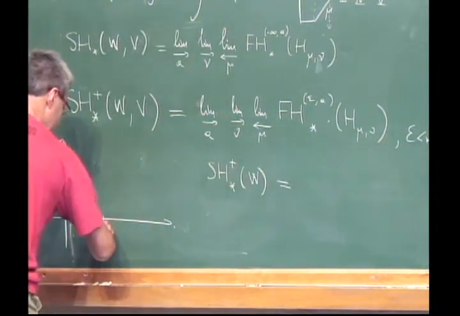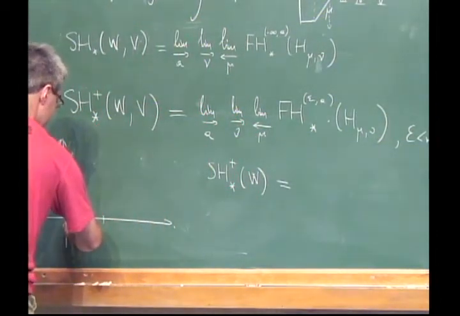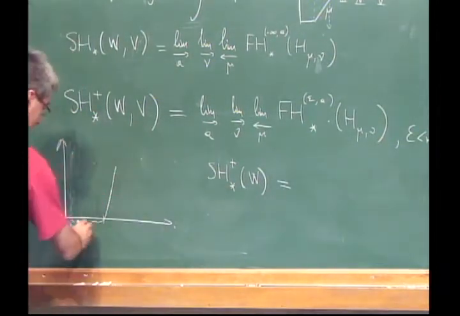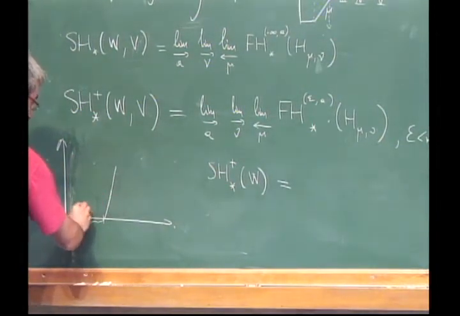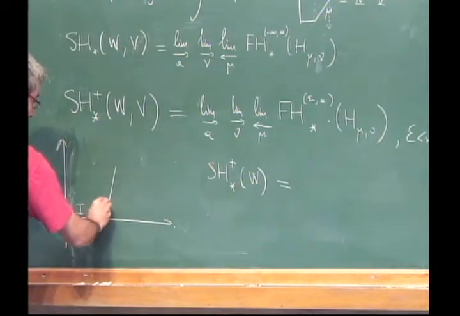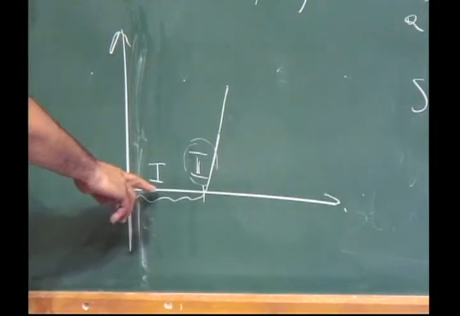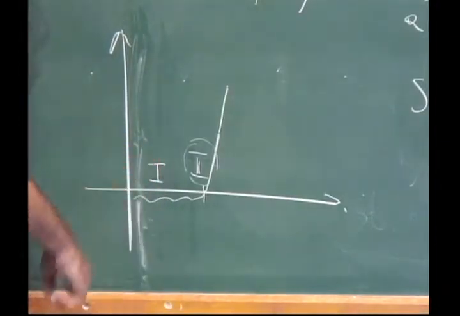So recall that to define symplectic homology, we took Hamiltonians like that. And for the plus part, I want to exclude the guys here. So I have some orbits here, and I want to exclude those. And those have small action.